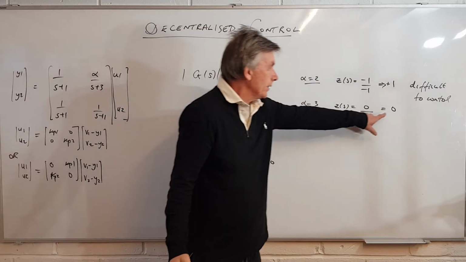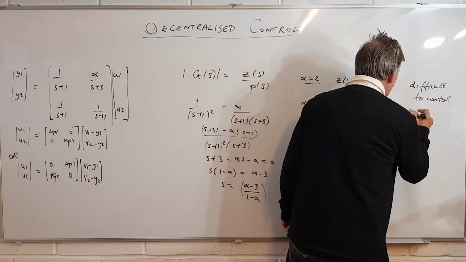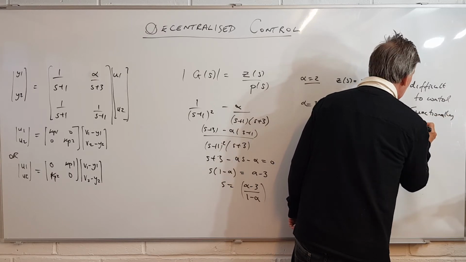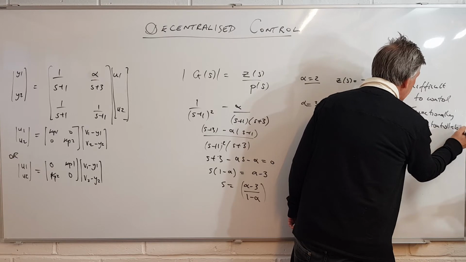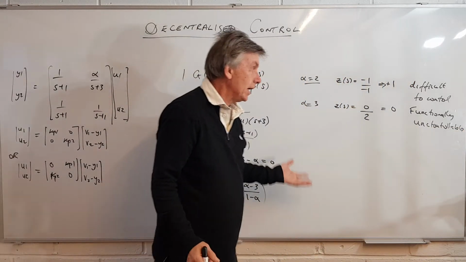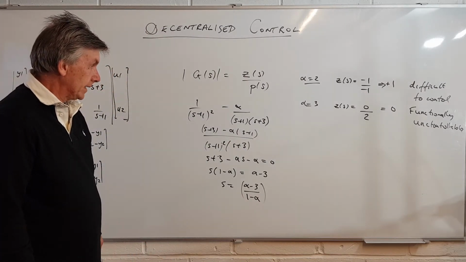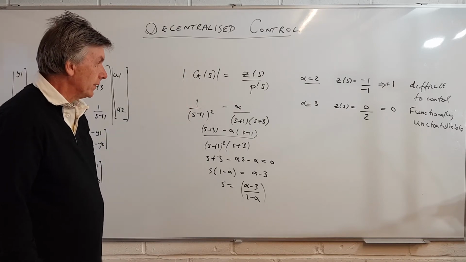Now if we've got a zero at the origin, the control system is not possible to control, so we call it functionally uncontrollable. So if we end up with a multivariable system with a zero at the origin, we can't actually control it in the sense that we can make it carry out set point tracking. And that's always a constraint on any multivariable system.